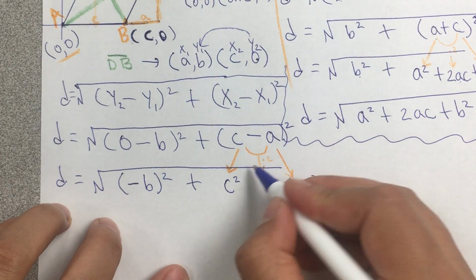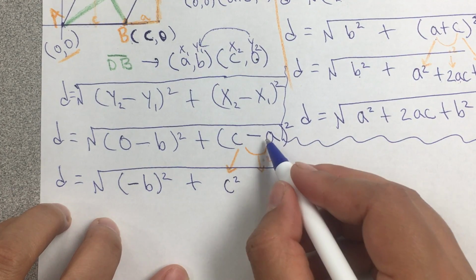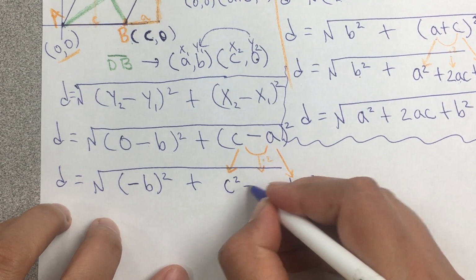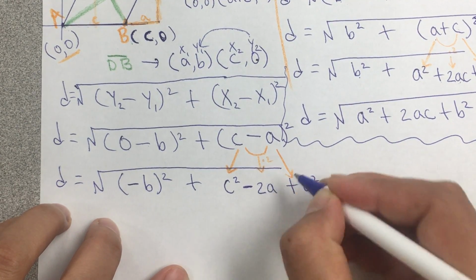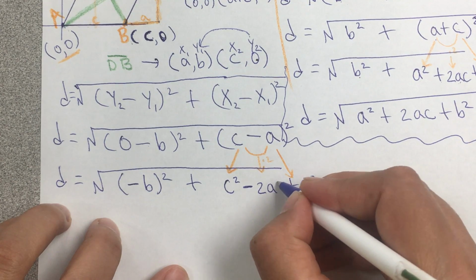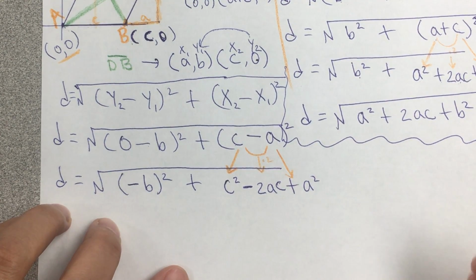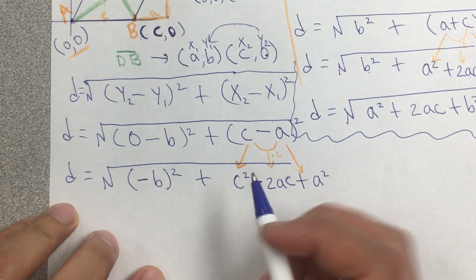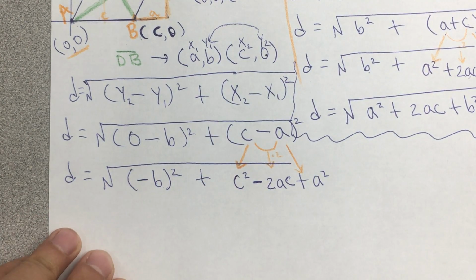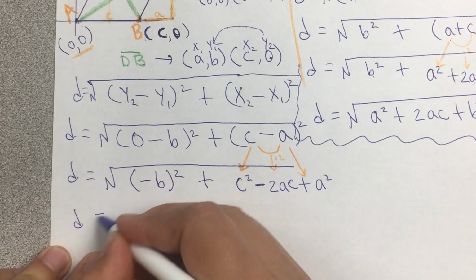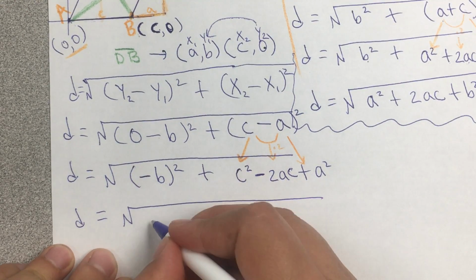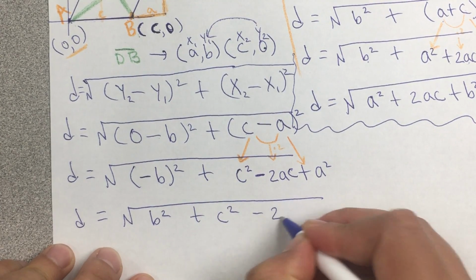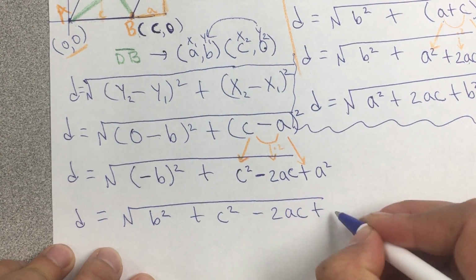And for the middle term, C times negative A is negative AC, times 2 is negative 2AC. And negative B squared is negative B times negative B, so that becomes positive B squared. So D is equal to B squared plus C squared minus 2AC plus A squared.